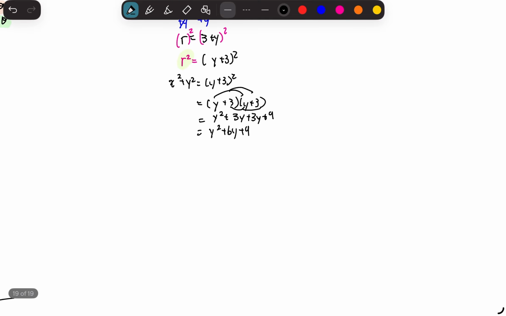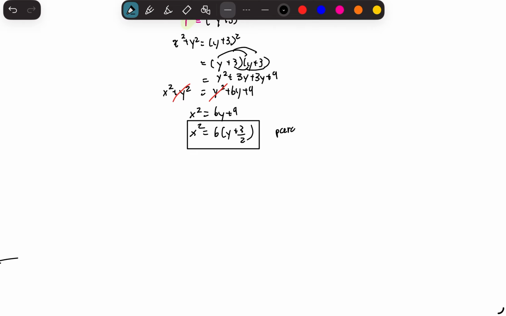And you have your x squared plus y squared. That's on both sides, so that can cancel out. So you're left with x squared equals 6y plus 9. So you can factor out that 6. So you could write either of these as your equivalent final form. And this is going to be a parabola.